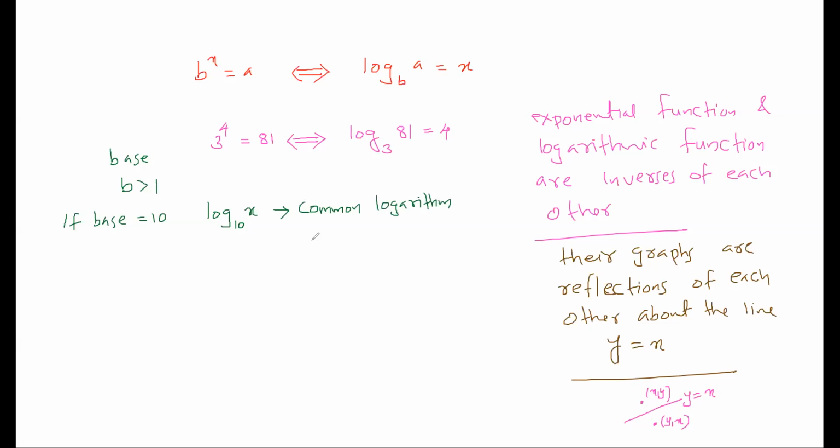If the base is equal to e, that is logarithm of x to the base e, it is known as natural logarithm. Particular number, particular name.